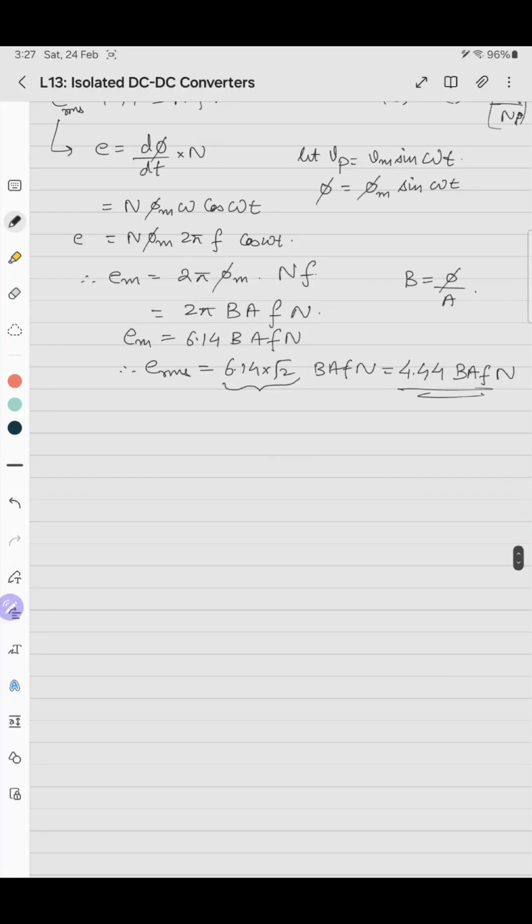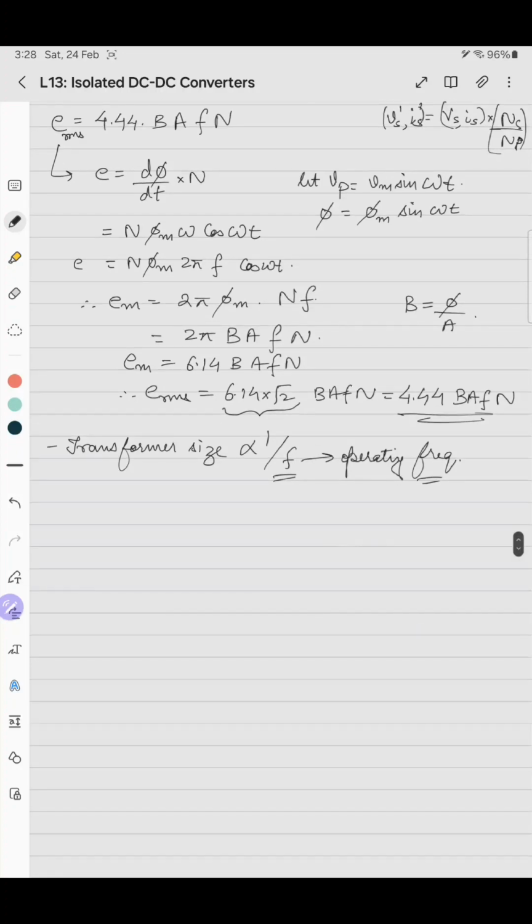So what happens is the transformer size is inversely proportional to the operating frequency. This F is the operating frequency. Even in the expression of critical inductance of converters, in the previous lectures we saw design of converter parameters.